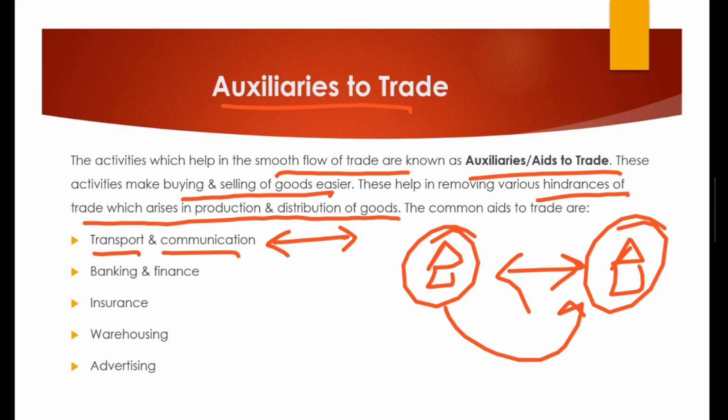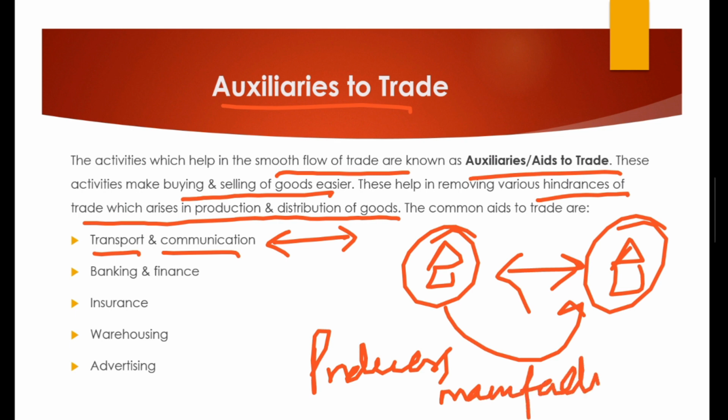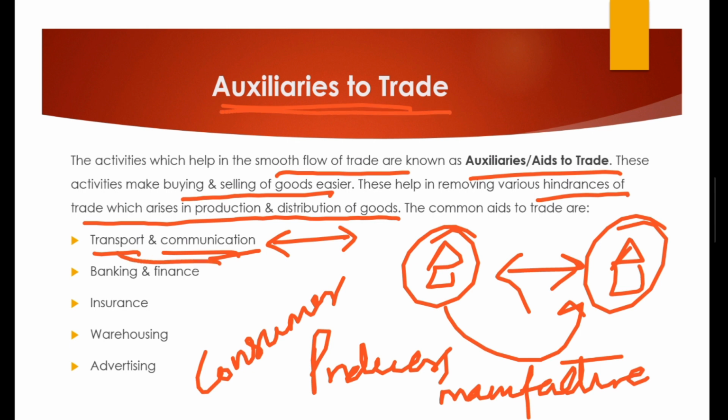Communication is nothing but exchange of information, between producers, manufacturers and consumers. So we have various mediums of communication like email, mobile services, fax, etc. So transport and communication is one aid to trade which makes it easier for buying and selling of goods and services.